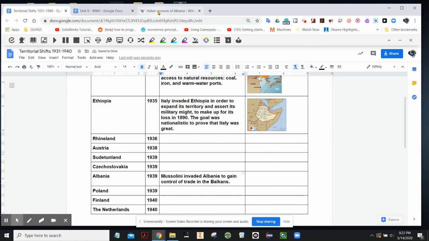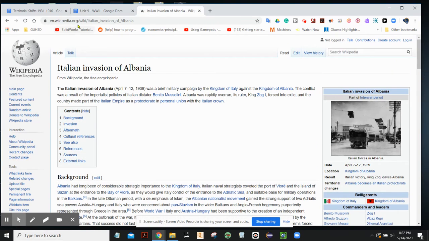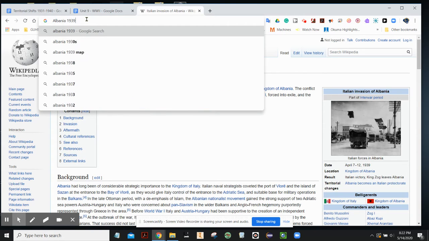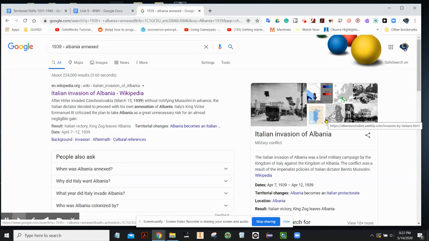So I'm going to go back over here, and I'm going to go find my map of Albania 1939. Map. Albania annexed. Ooh, that's a good one. There it is. I like that.